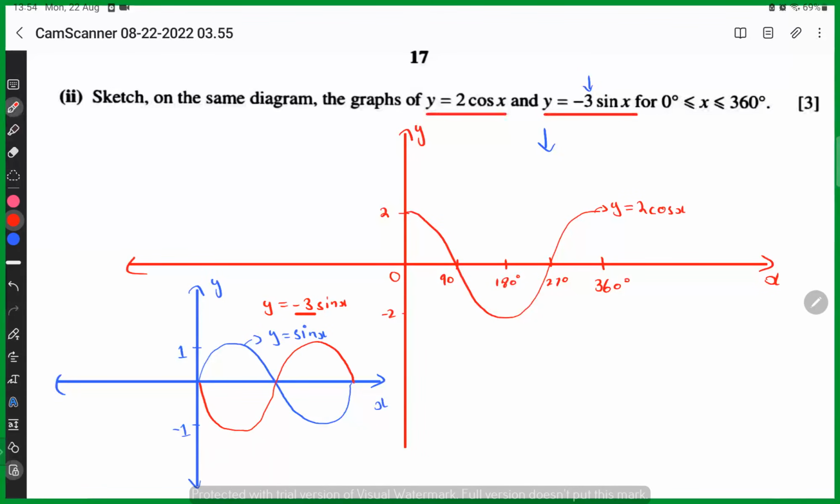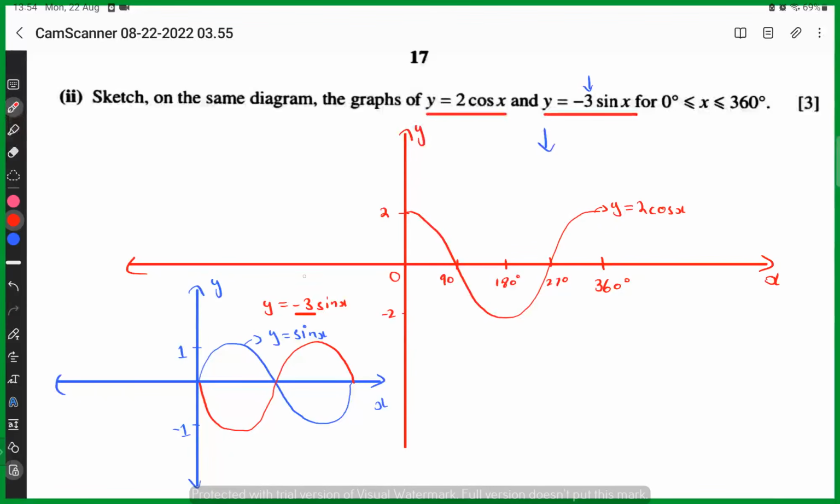Minus would make the graph reflect where? In the x-axis. Whenever minus is multiplied with the entire function, that causes a reflection along the x-axis. So this is y equals minus sine x.